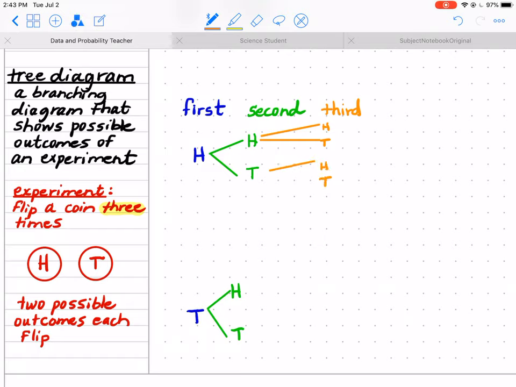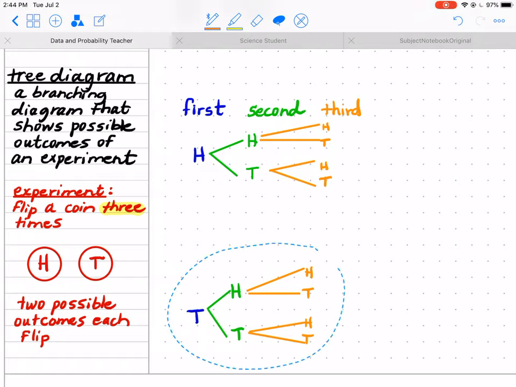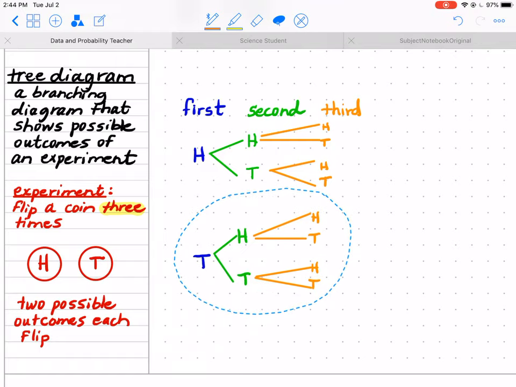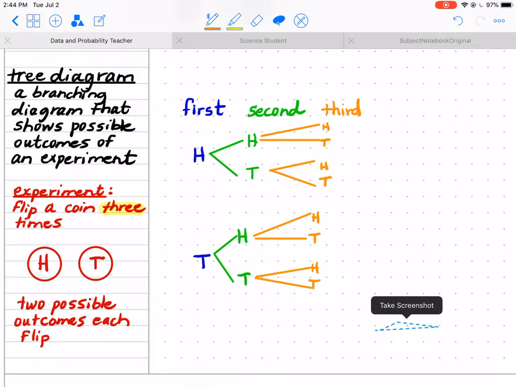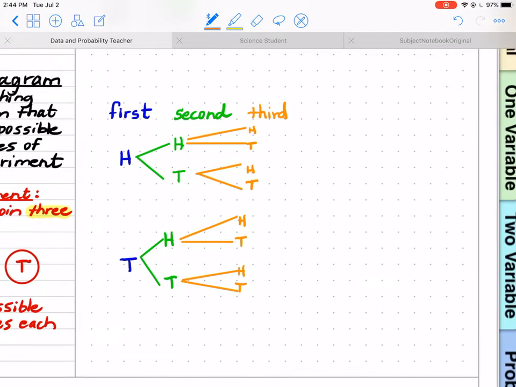So here, and you can see the tree diagram starting to form. And I've got a little too much space, but I'll fix it. And then heads or tails here. And I'll show you how to read this diagram too. So this is called a tree diagram. It's showing me all the possibilities for this experiment, for flipping the coin 3 times.